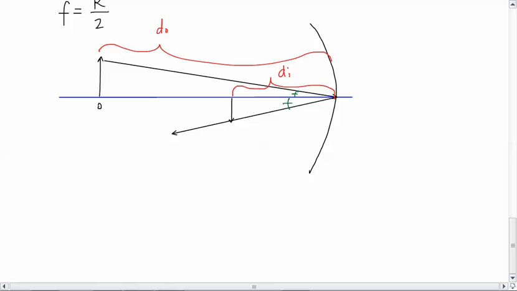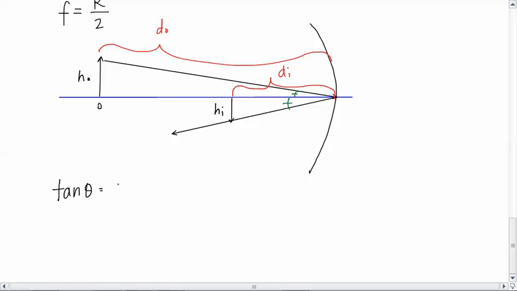So if I look at these two similar triangles and call this HO for the height of the object, and this is HI for the height of the image, then I can make a similar triangle relationship using the tan of theta, which is the angle that the incident ray makes with the normal to the mirror.